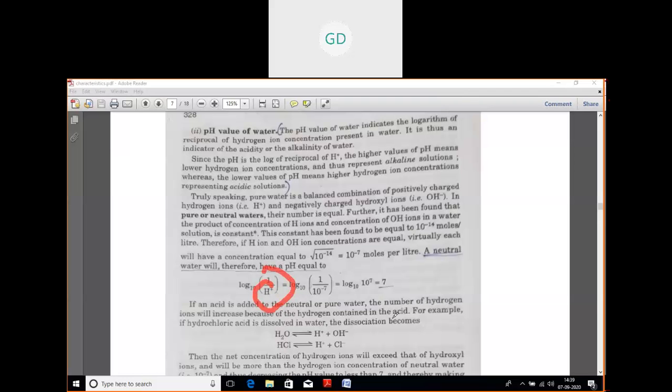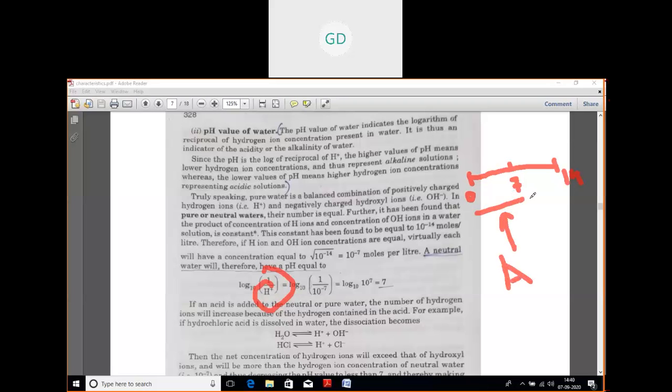There is a certain scale that everyone knows, from 0 to 14. If your water is between 0 to 7, the water is said to be acidic.